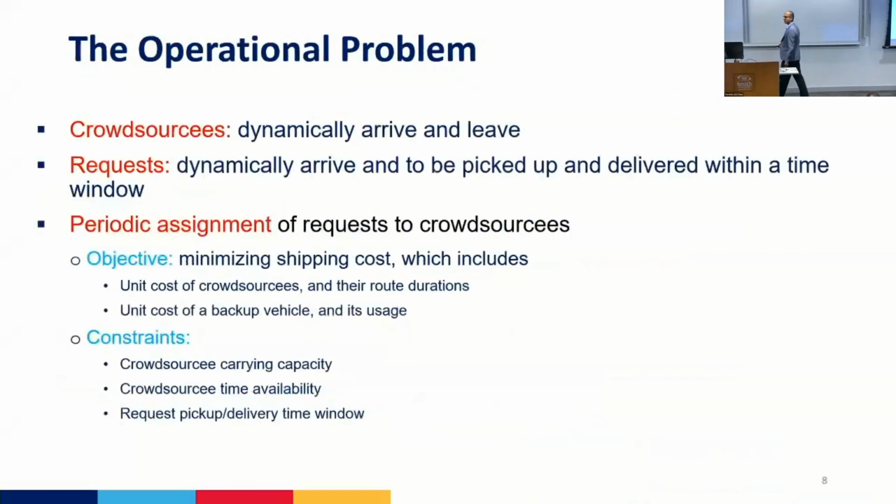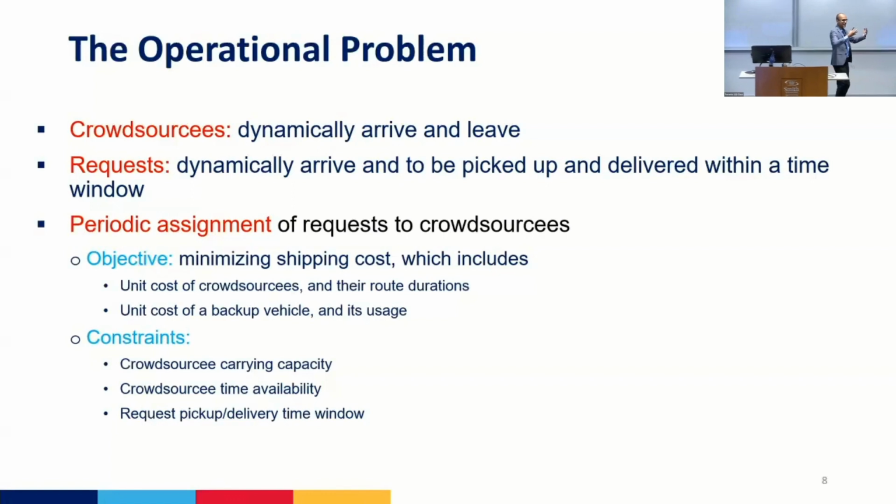Given this data, the operational problem is to just match them, right? Match crowdsourcees to requests, and not 1:1 matching, but a crowdsourcee hopefully can do 5 requests, and they have a particular route that they can take, right? So it's some variation of an assignment problem.